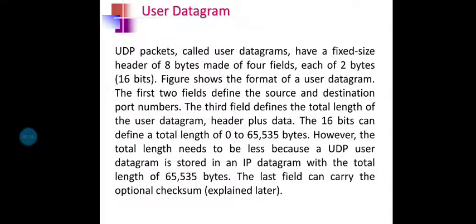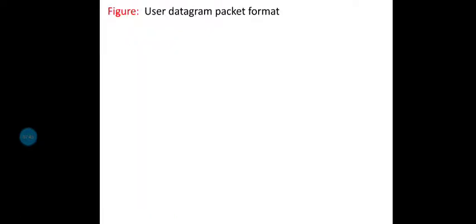The 16 bits can define a total length of 0 to 65,535 bytes. However, the total length needs to be less because a UDP user datagram is stored in an IP datagram with a total length of 65,535 bytes. And the last field can carry the optional checksum.